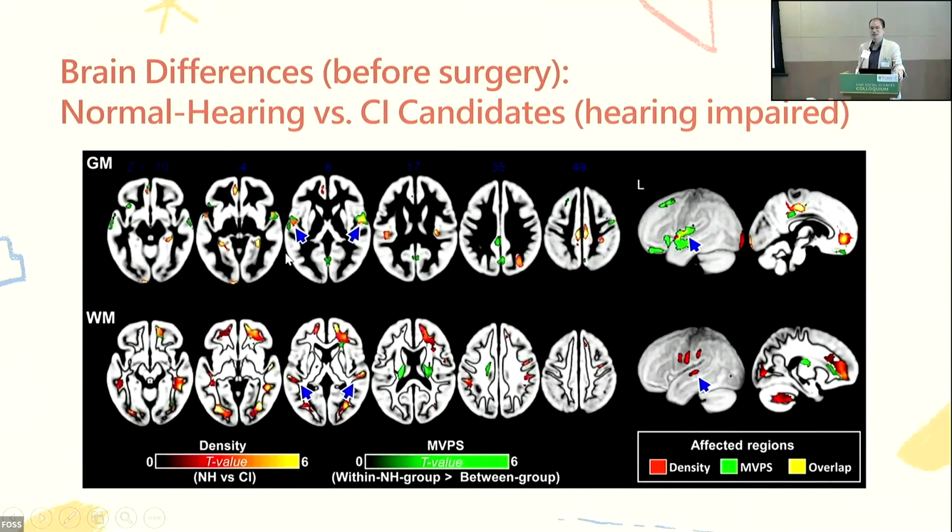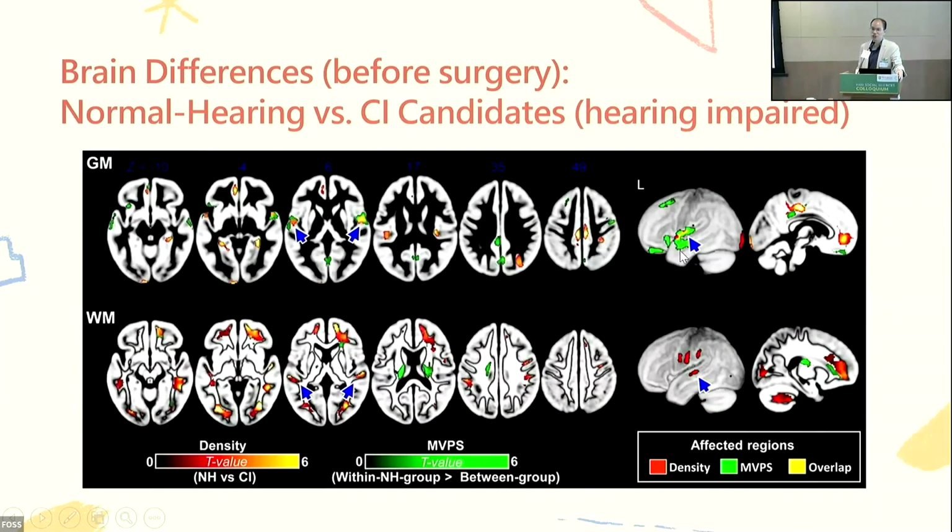I'm not going to go through this in detail, except to say that we've been conducting these predictive models based on MRI scans. If you compare hearing children with hearing impaired children before surgery, after cochlear implants they cannot get an MRI, so this is all before surgery. You already see differences. If you see colors, that means they are related to hearing impairment.